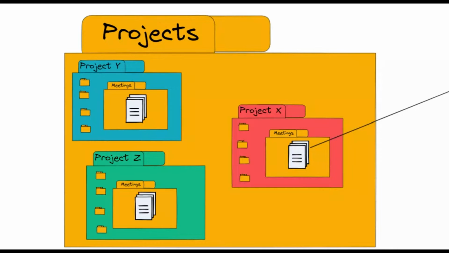Another might be people that you want to keep tabs on, or stakeholders related to the meetings that you would have. But there's going to be a folder called meetings. This could be Teams meetings, physical meetings, phone calls, anything that you want to capture information from where people come together and try to solve a problem.